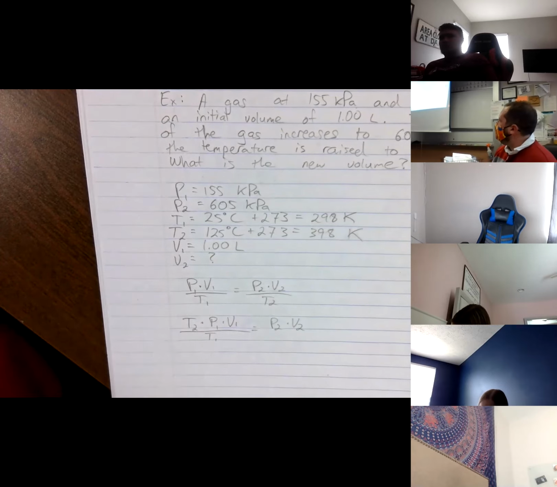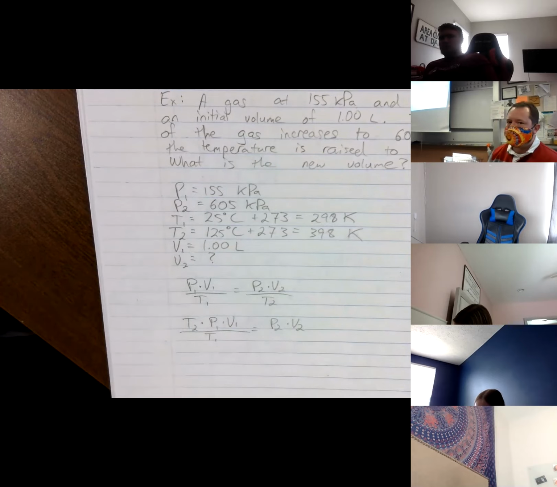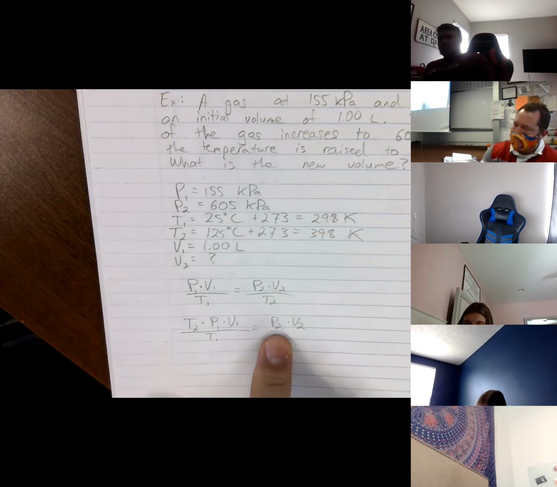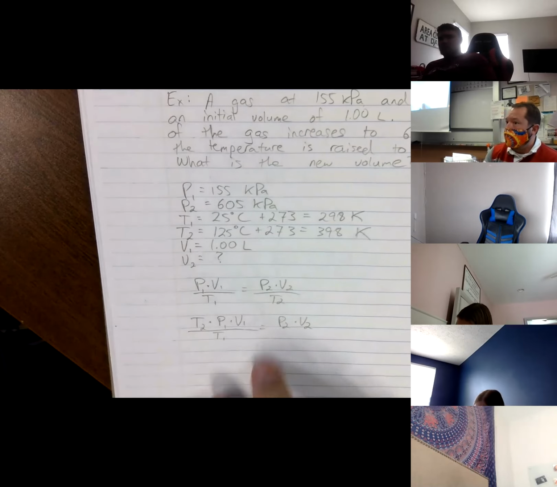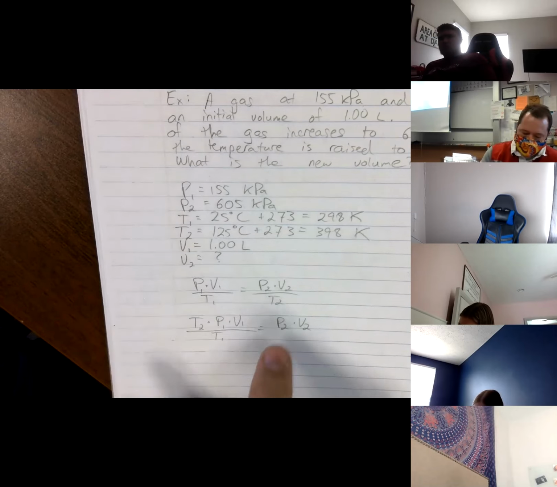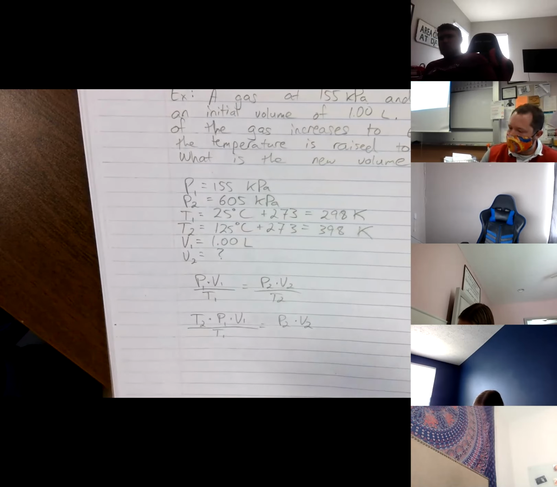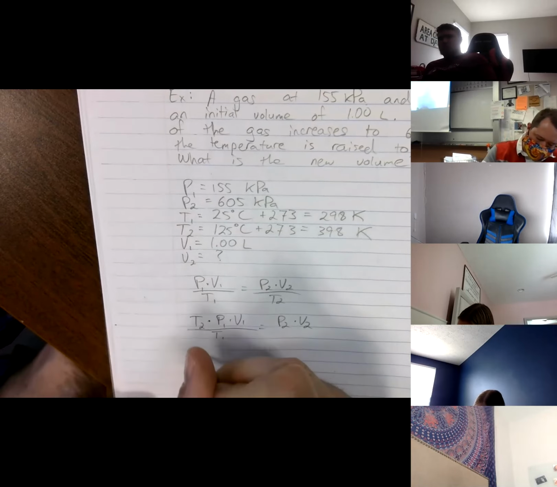Cool. Halfway there. Next up, we've got to get P2 out of here. Right now we're multiplying by P2, so the opposite of multiplying by P2 is divide.